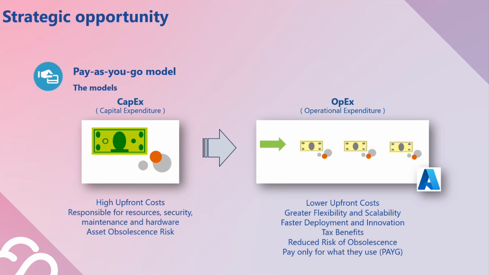And to benefit from the advantages of the Microsoft public cloud, Azure, such as lower upfront cost, greater flexibility and scalability, faster deployment and innovation, tax benefits, reduced risk of obsolescence, and of course, paying only for what they use.